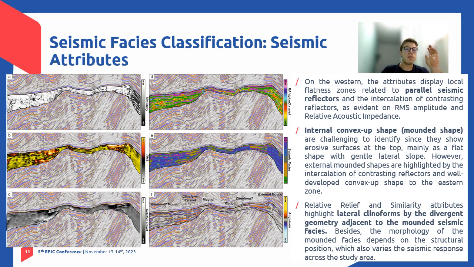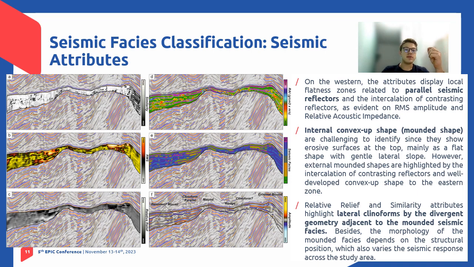However, external mounded shapes in this case are highlighted by the intercalation of contrasting amplitudes, for example, here in the relative acoustic impedance or in the unsupervised neural network that helps us to identify the well-developed convex subshape to the western slope.